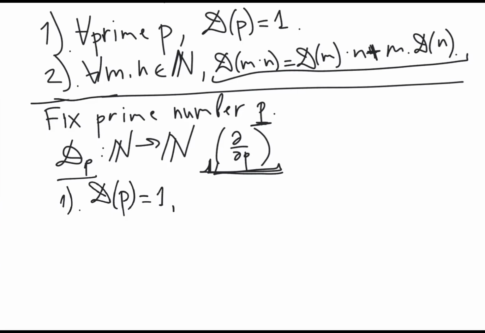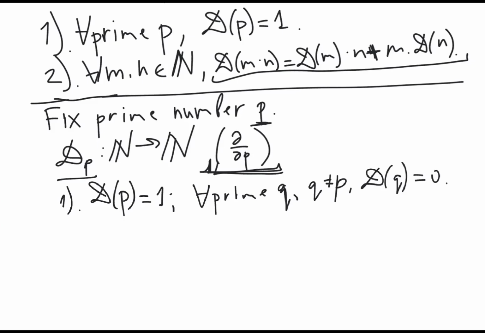For any other prime number q that is not equal to p, d of q is equal to 0. So basically for all prime numbers it's equal to 0 except this one special prime number for which it's equal to 1.